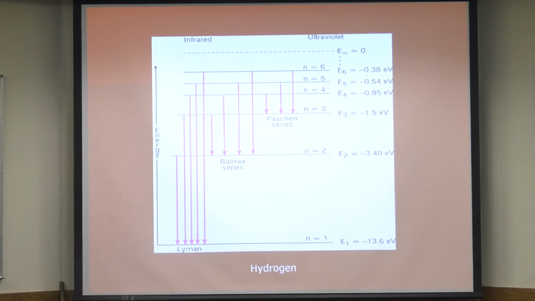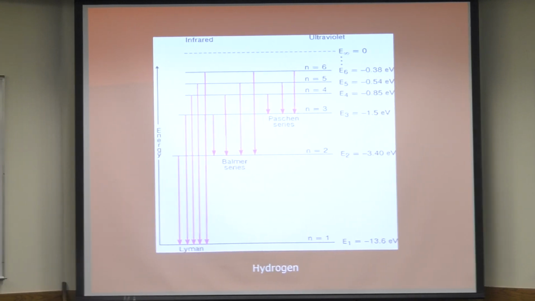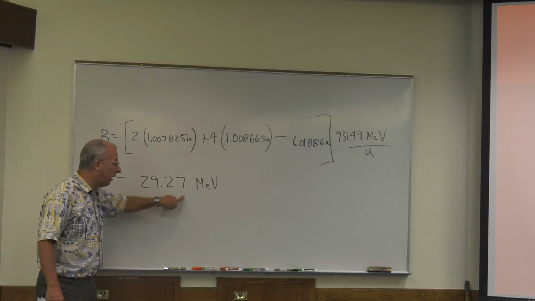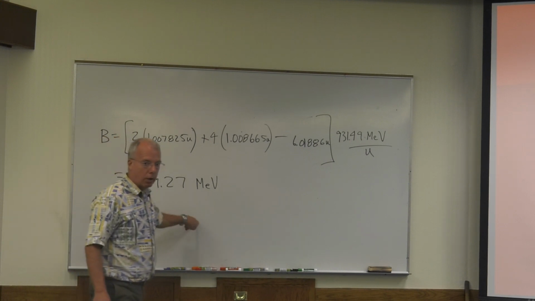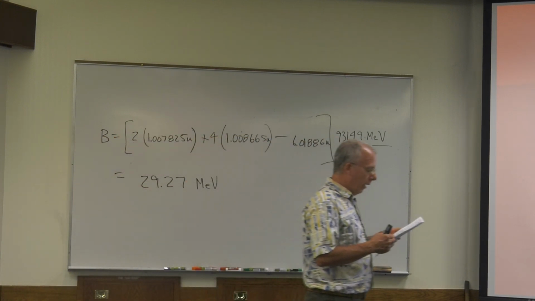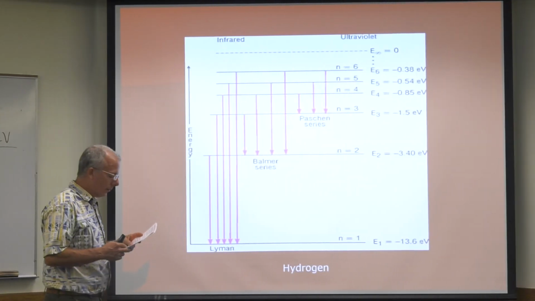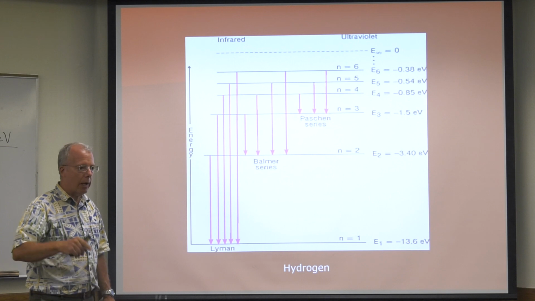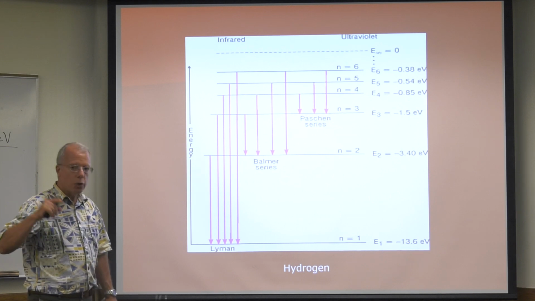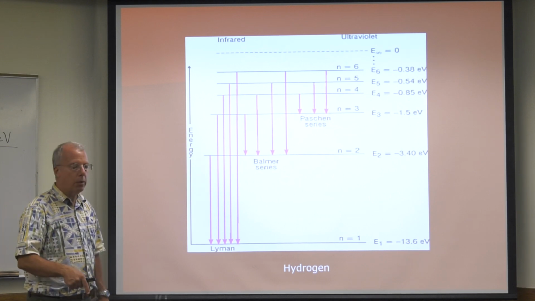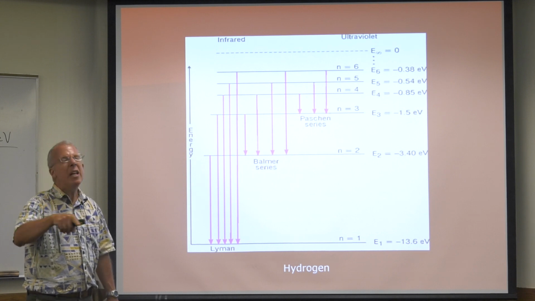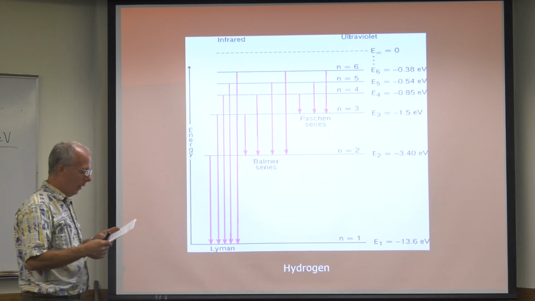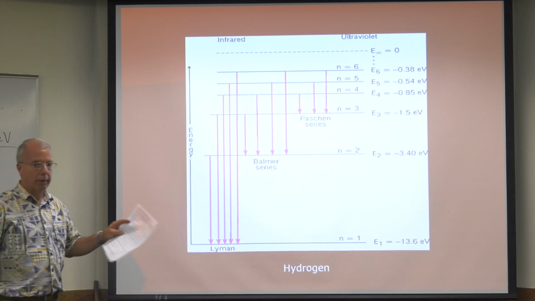How much energy does it take to bust up a nucleus? Millions of electron volts. Okay? So that's the thing. Chemistry, ionizing outer electrons, electron volts. Nuclear physics, busting a nucleus, millions of electron volts. So there's a huge difference, right?